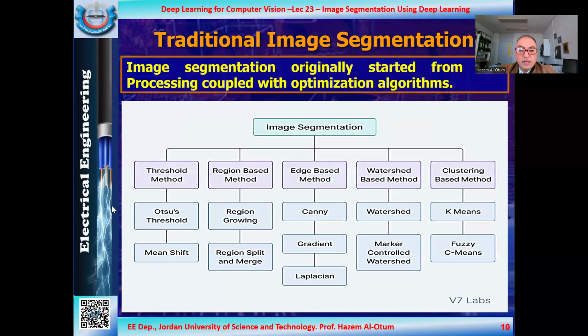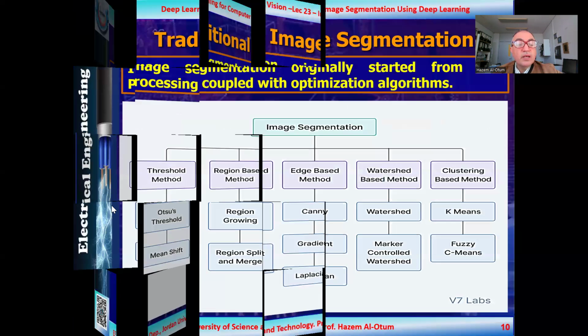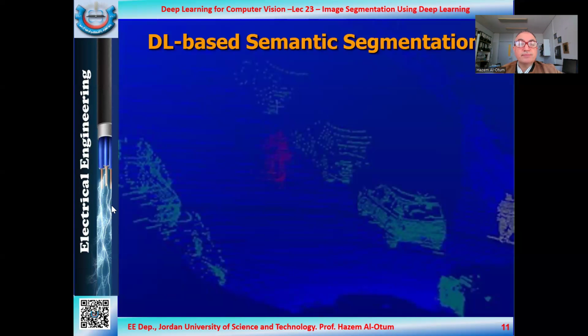In fact, these applications are very important for sure, but they did not reach the desired level of image segmentation that has been achieved lately using deep learning approaches. And this is why we moved further and made a big step in image segmentation using what we call deep learning applications.